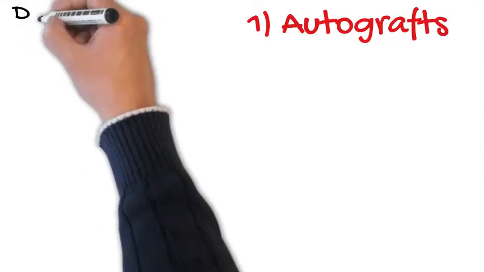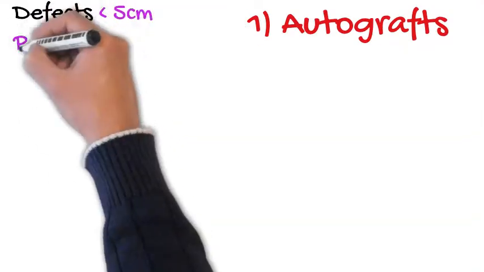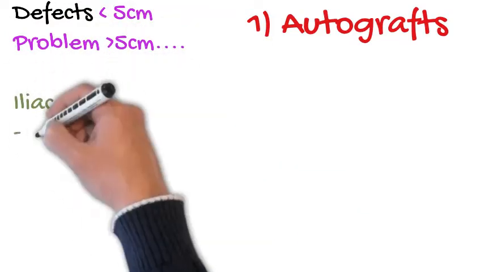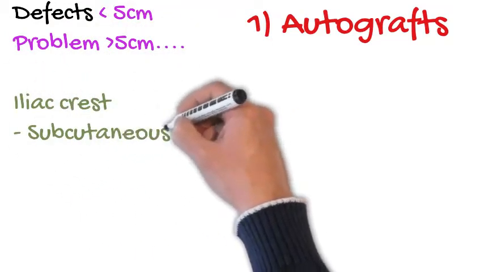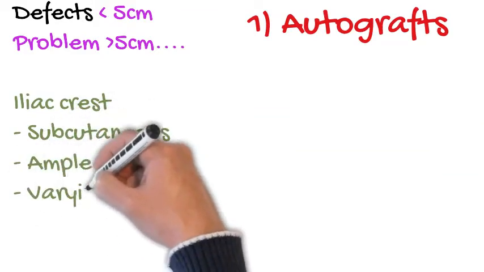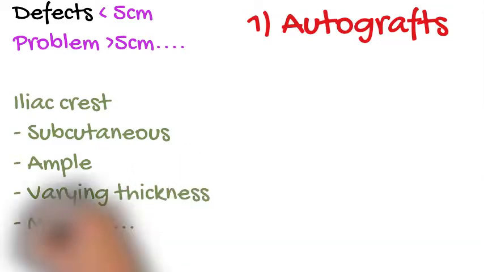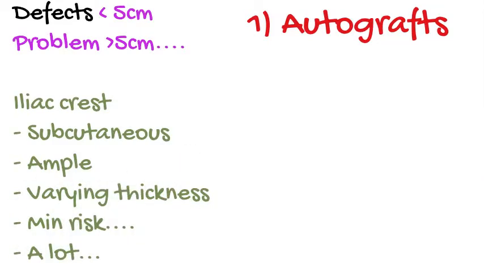For autograft, it can be used in defects less than 5 cm in size. If the defect is more than 5 cm, the bone graft will be resorbed due to revascularization and clearance of necrotic graft tissue. Common site for autograft is iliac crest.